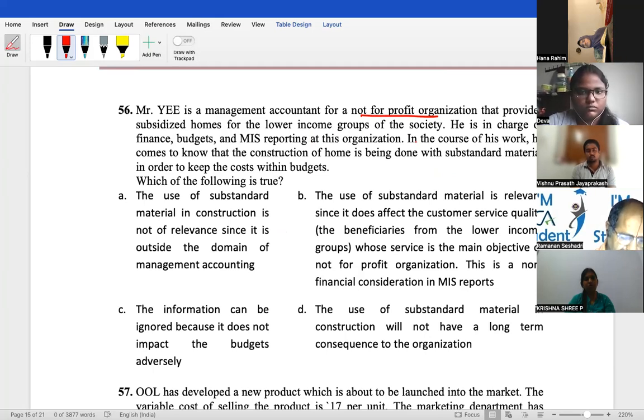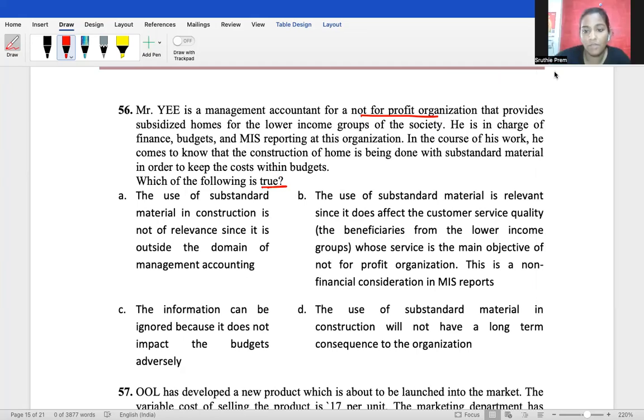Option A. The use of substandard material in construction is not relevant since it is outside the domain of management accounting. Option B. The use of substandard material is relevant since it does affect the customer service quality to the beneficiaries from the lower income groups, whose service is the main objective of a not for profit organization. This is a non-financial consideration in the MIS report.